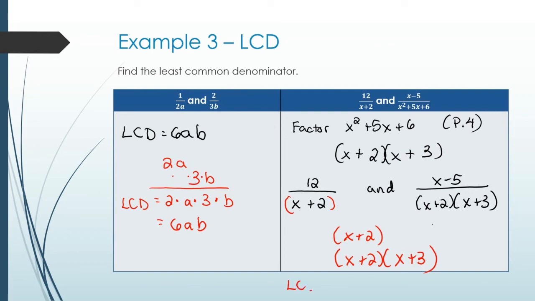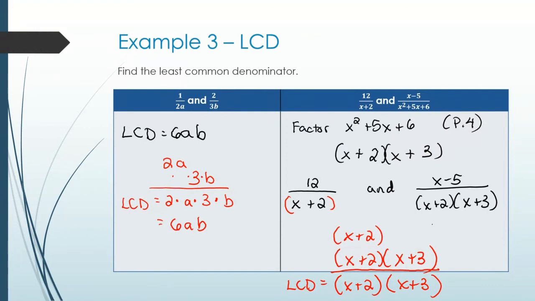So my least common denominator, which is the same as the least common multiple of the denominators. When I'm comparing, I have an x plus 2 in both of them. They both don't have an exponent, so I just have an x plus 2 because it's present in both of them. And then I have an x plus 3 present in at least one of them.